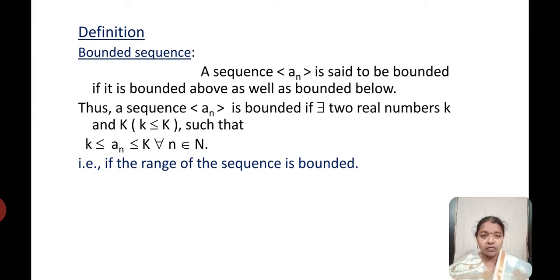Now let's see the definition. A sequence a_n is said to be bounded if it is bounded above as well as bounded below. Thus, a sequence a_n is bounded if there exist two real numbers, small k and capital K. We always know that small k will be less than or equal to capital K. It can never be greater than capital K, such that small k is less than or equal to a_n is less than or equal to capital K for all n belongs to natural numbers.